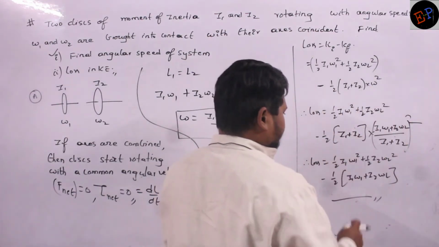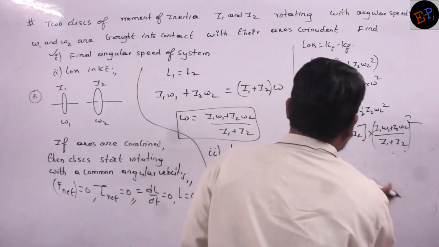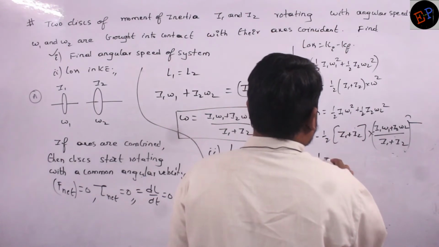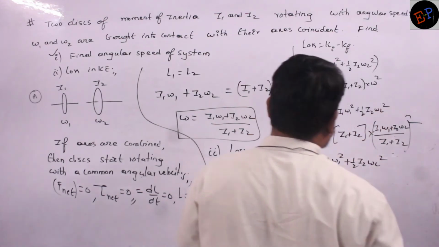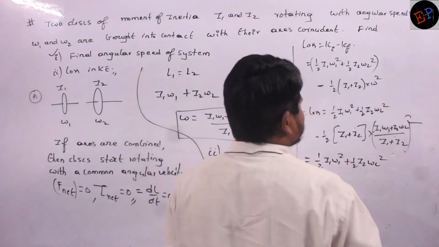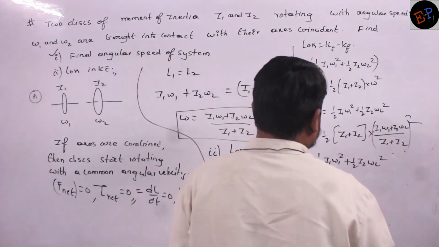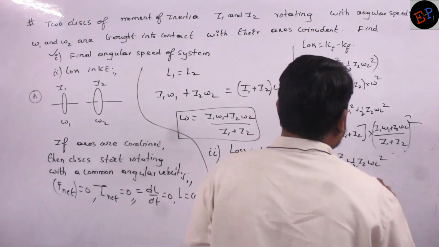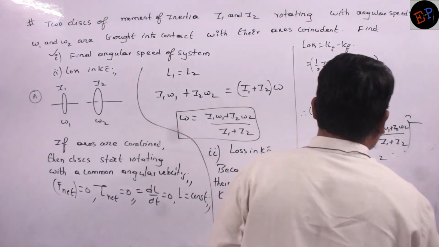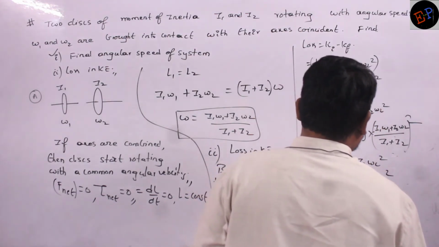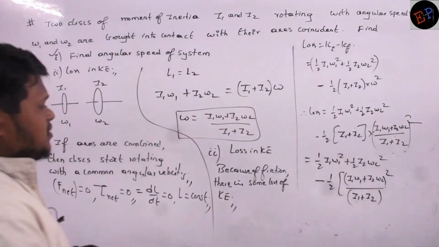So if I do this calculation, I will get half I1 omega 1 square plus half I2 omega 2 square minus, here one I1 I2 and another I1 I2 get cancelled, so half of I1 omega 1 plus I2 omega 2 whole square divided by I1 plus I2. If you want to further simplify this one, you can simplify.